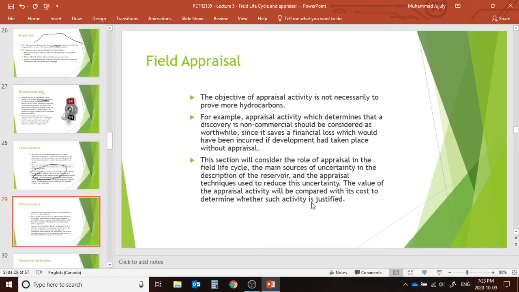That means, for example, an appraisal activity which determines that a discovery is non-commercial should be considered worthwhile, since it saves financial loss which would have been incurred if development had taken place without appraisal. Now, if you think the appraisal cost is higher, in that case, you may not continue doing the appraisal.